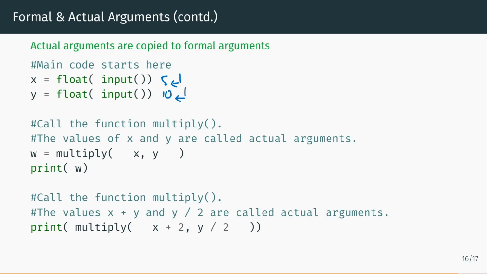Python will replace x with 5 and y with 10, and then call multiply with the values 5 and 10.